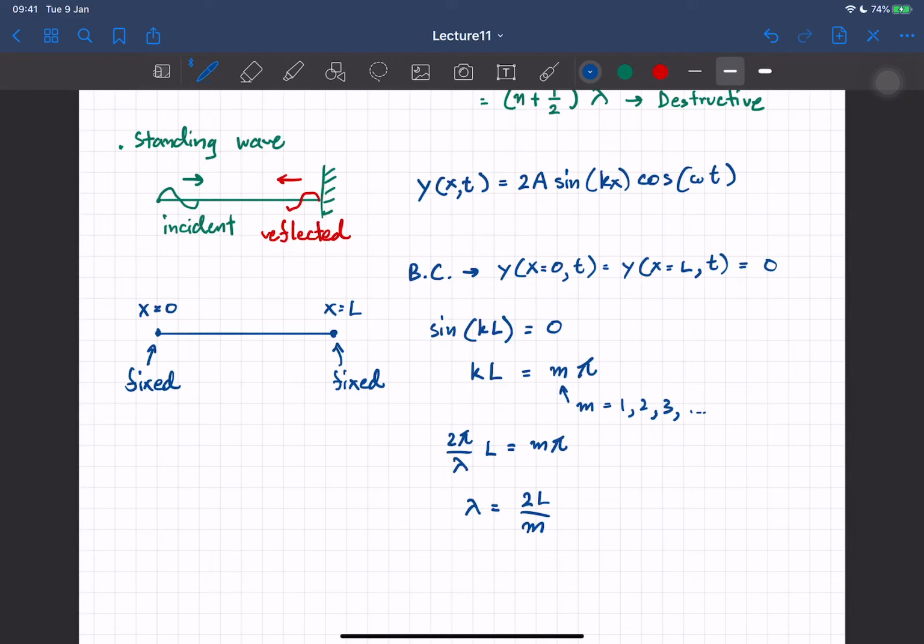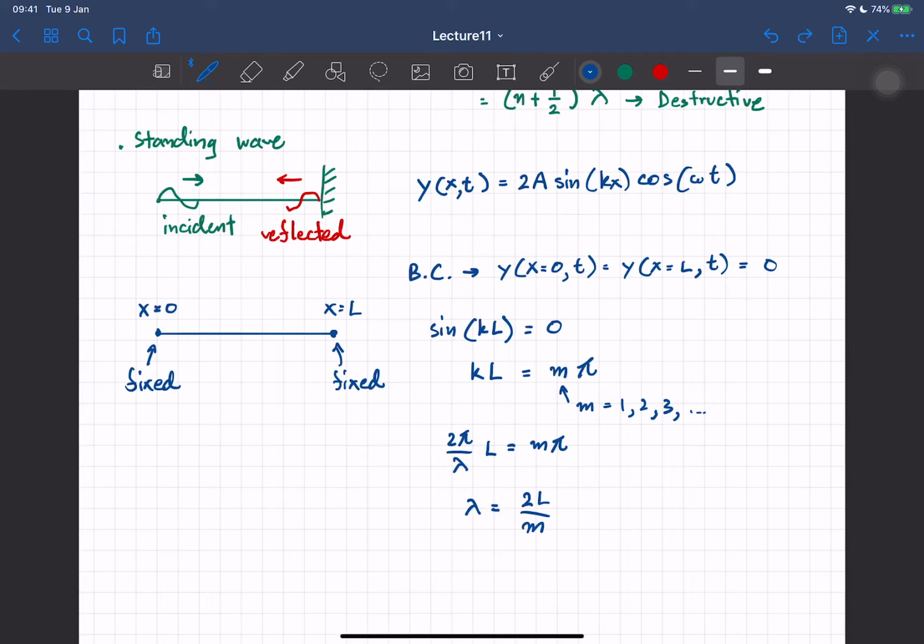So that means in order to have a nice standing wave in this system, which has one end fixed and the other one also fixed, lambda, which is the wavelength of the wave, can be this value. It cannot be just some random value. If you put in a wave which has the wrong wavelength, that means a wavelength that does not satisfy this condition, then you're not going to have a standing wave.